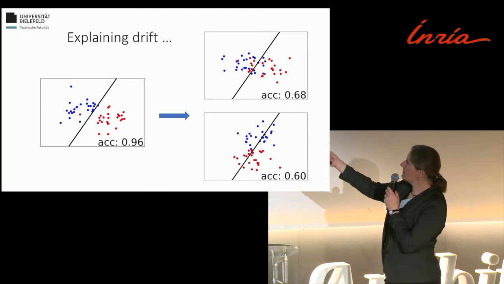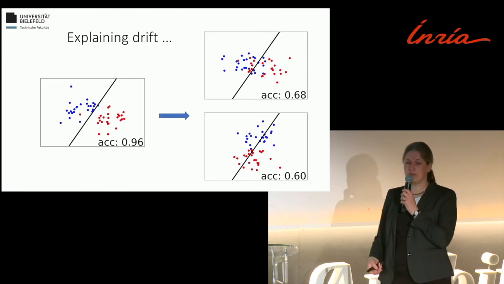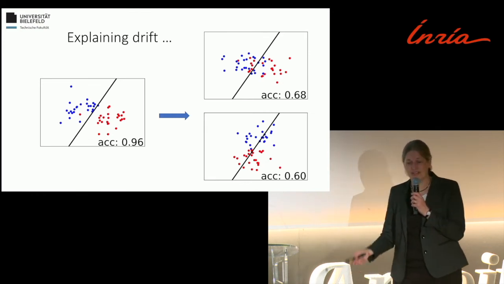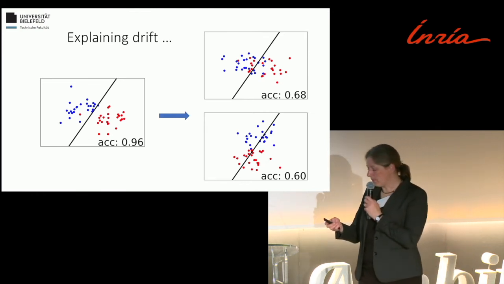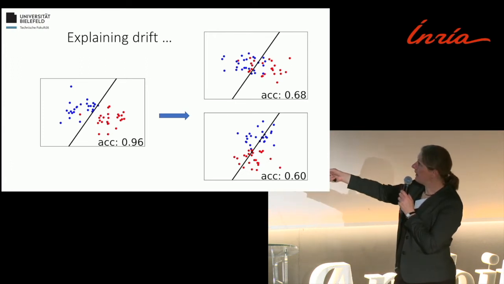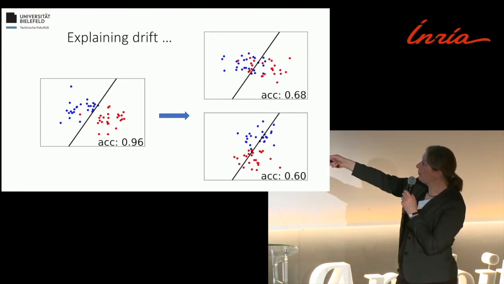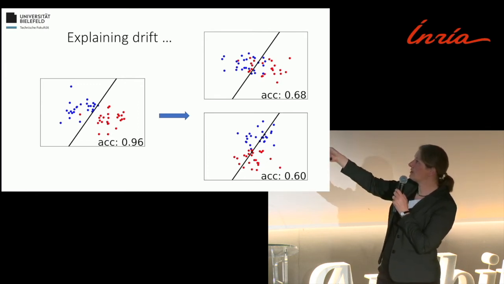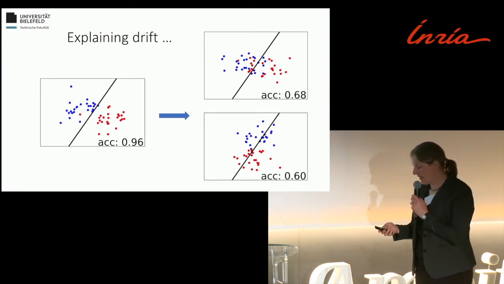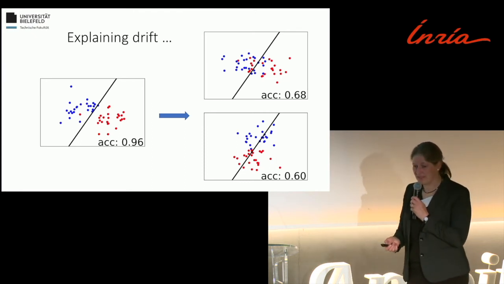This one more or less is accounted for because data become more noisy. You have a new assistant doing the measurements not so correctly as the previous one. Or it might happen that your data are actually moving, so the blue one moving to the upper part and the red one to the lower part. Here you would have to adjust the model. Here you would just have to tell your assistant to be more precise.